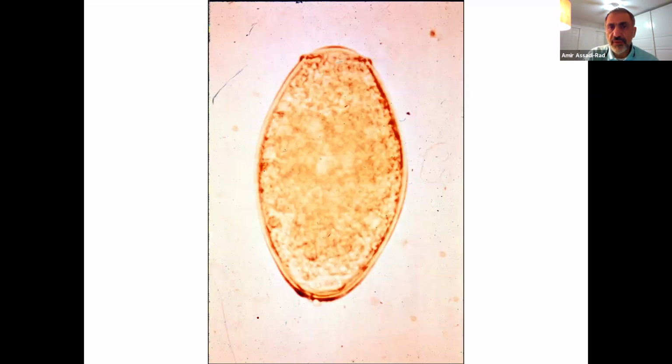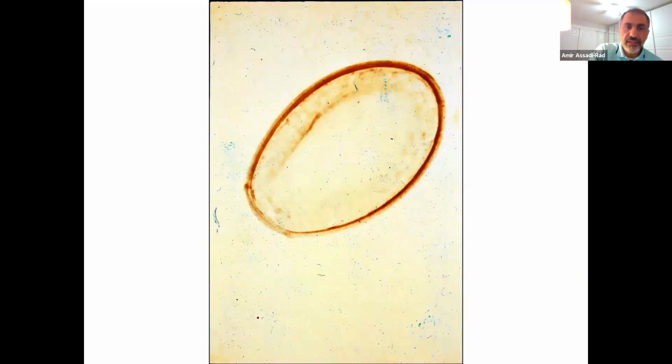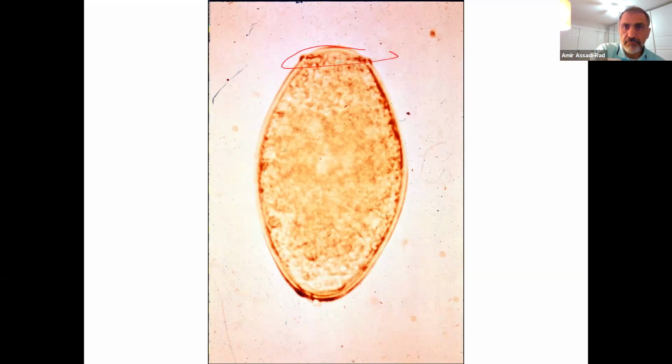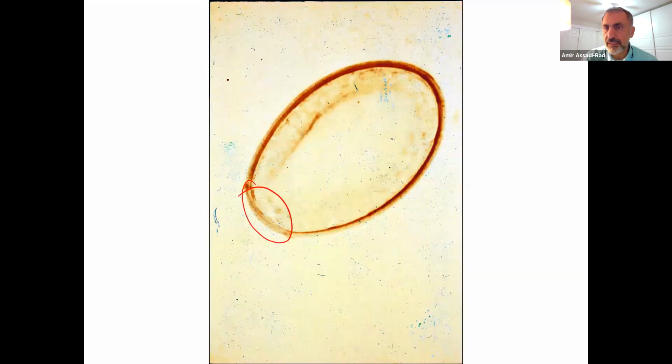Both of them belong to class Trematoda, and they both have an operculum. Not all of the members of Trematoda have eggs with an operculum, you know that. So they are both trematodes.